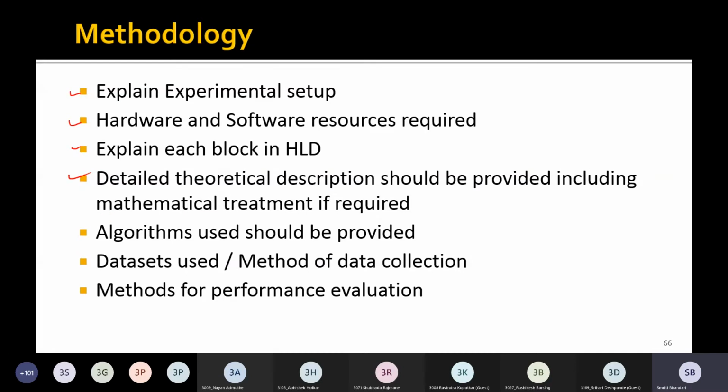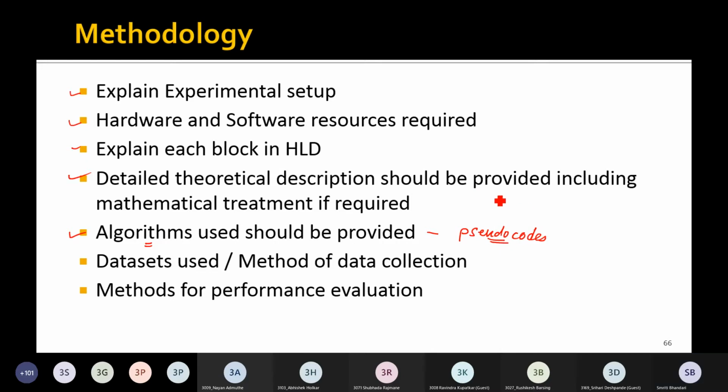Write the algorithms you are making use of. Mention algorithms clearly. You may provide the pseudocodes here. Algorithms can be written in the form of pseudocodes in this section of methodology. A detailed description about the algorithms needs to be provided.